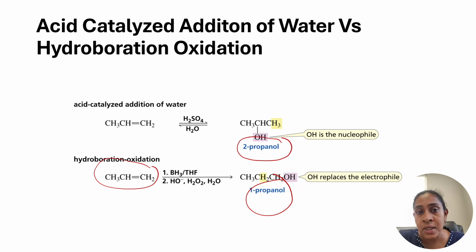So, when you are choosing the reagents, first inspect where the OH group must appear. A Markovnikov alcohol suggests acid-catalyzed hydration or another Markovnikov method, while an anti-Markovnikov alcohol strongly suggests hydroboration oxidation.